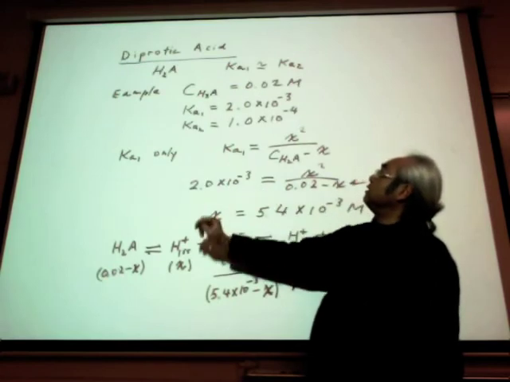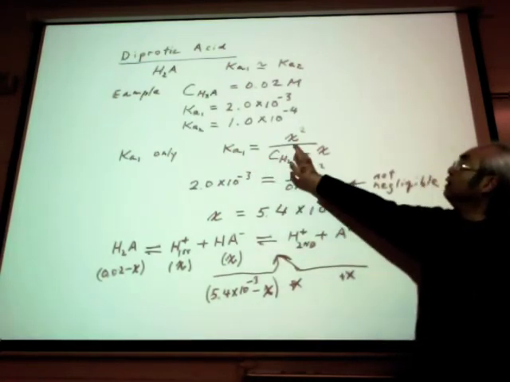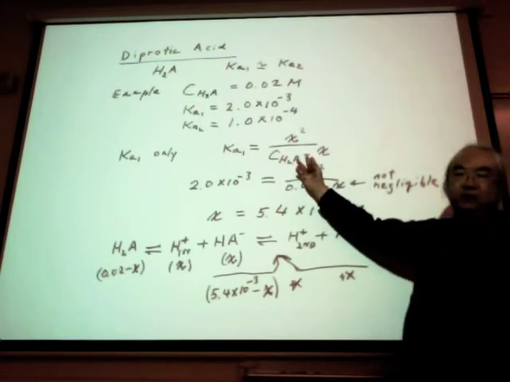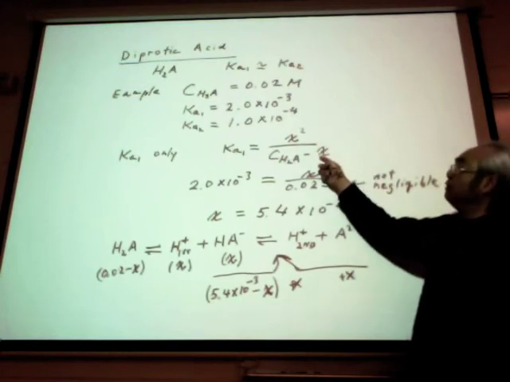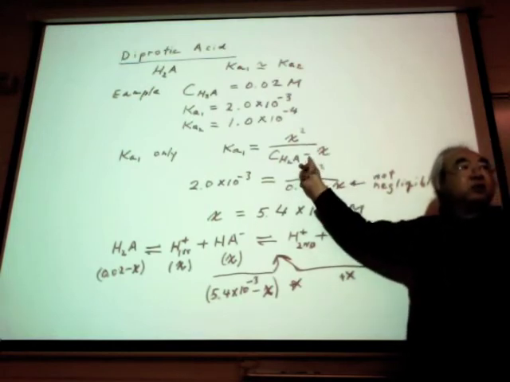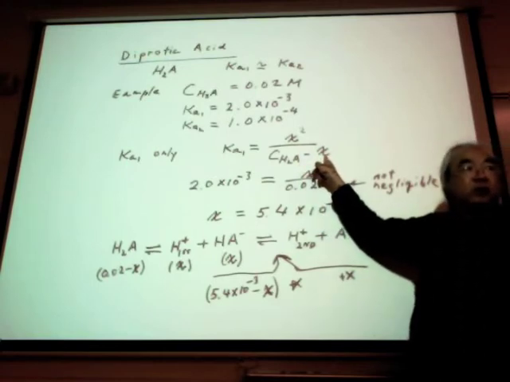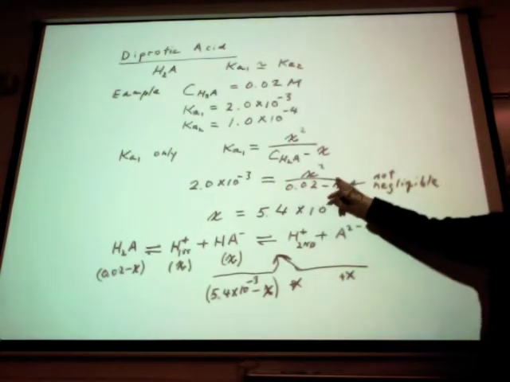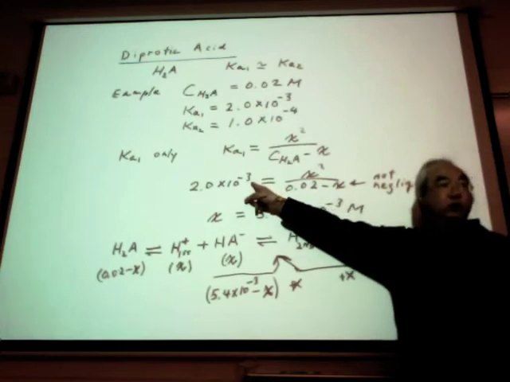So let's do this assumption again. Use Ka1 only, then it's going to be x squared over C minus x, the usual. Any question with this usual? The x represents the total proton.